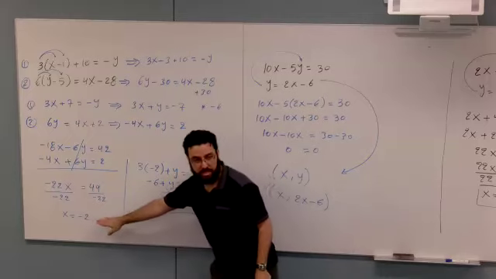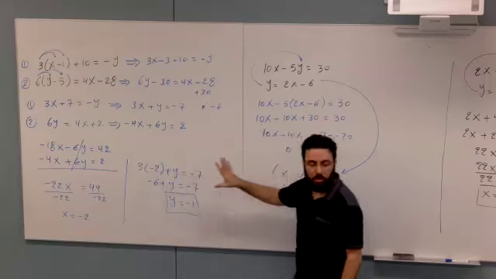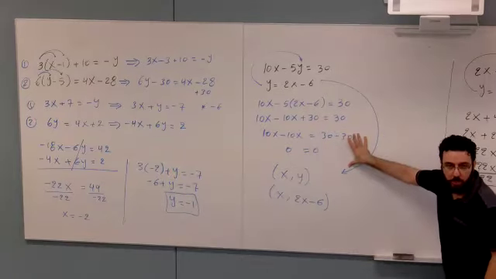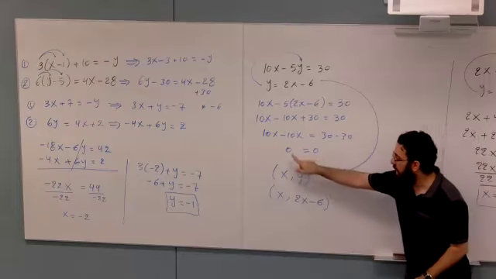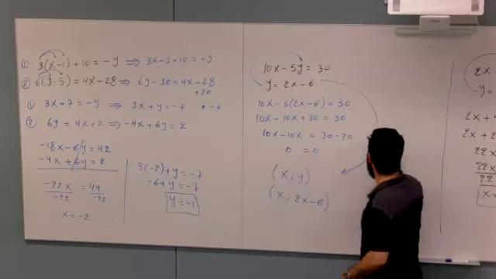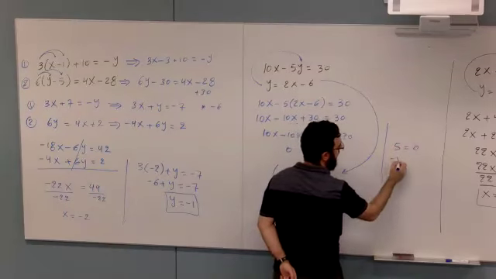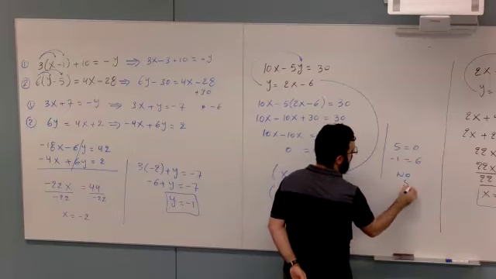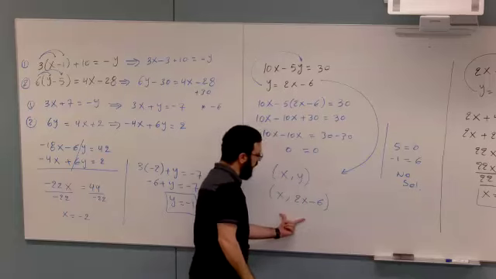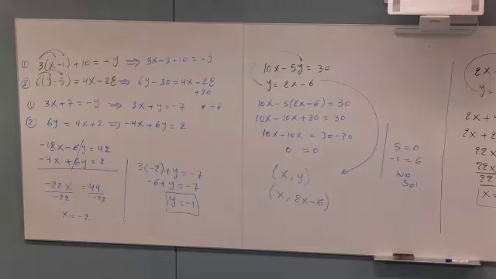This is Y and this is X. So 3 cases: one solution, infinite number of solutions if we have two equal sides, no solution if you have two different sides. For example, here, 5 equals 0, two different sides. Negative 1 equals 6, two different sides, you can say no solution. And with this case, infinite number of solutions. Is that okay? We now have 3 cases.